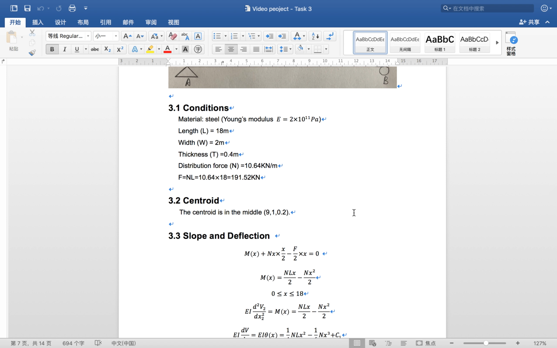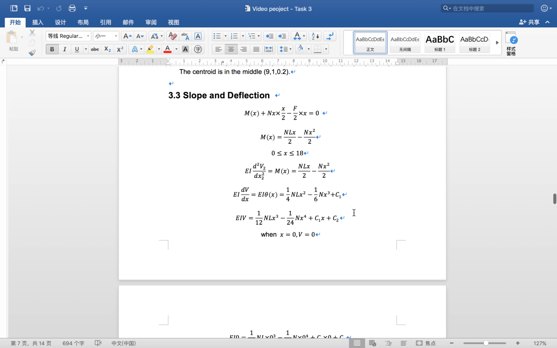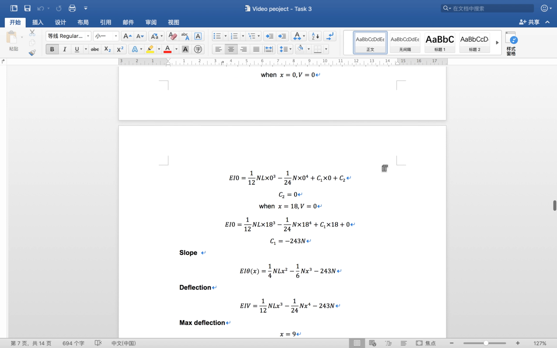The centroid is also located in the middle of the bridge at 910.2. For the slope and deflection, we use the same steps as for the single force. We should find Mx first, and Mx equals n times a times x divided by 2 minus n times x squared divided by 2. The first order integration gives the slope and the second order integration gives the deflection.